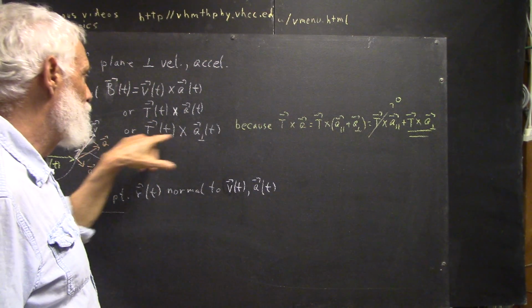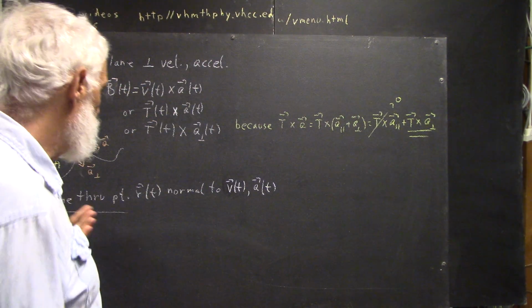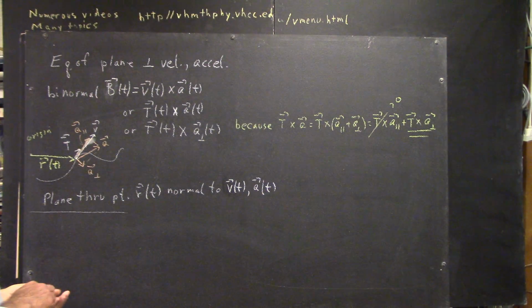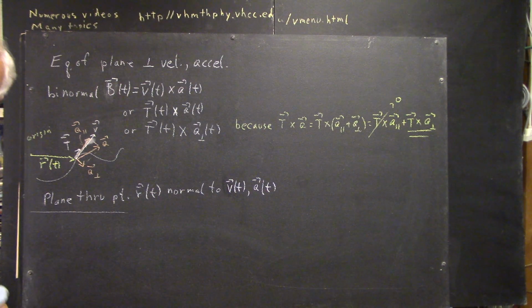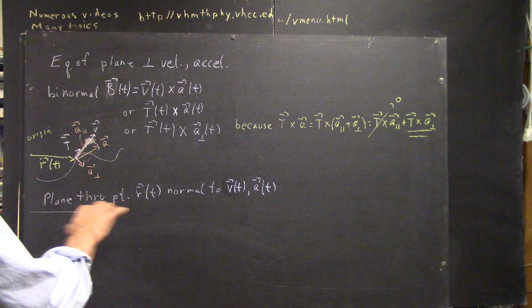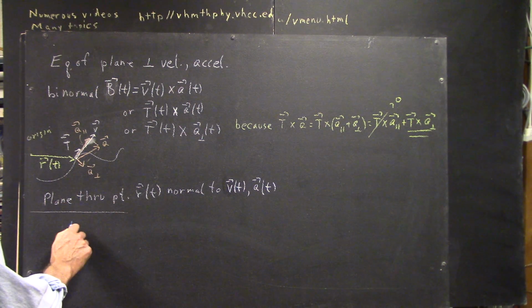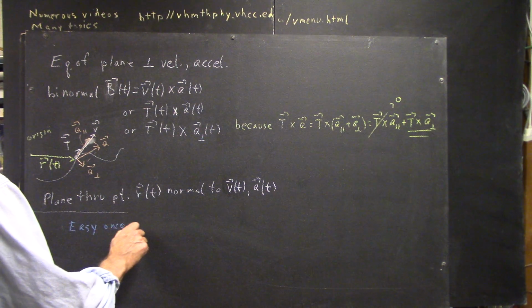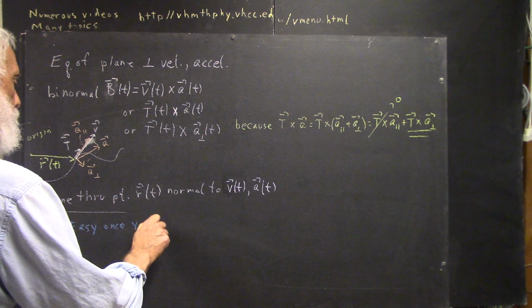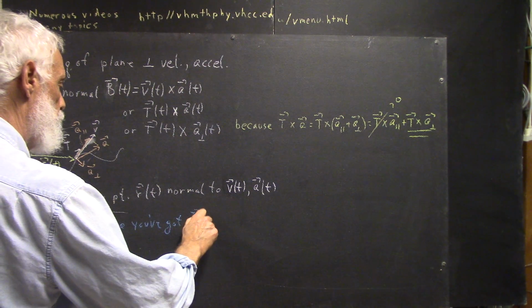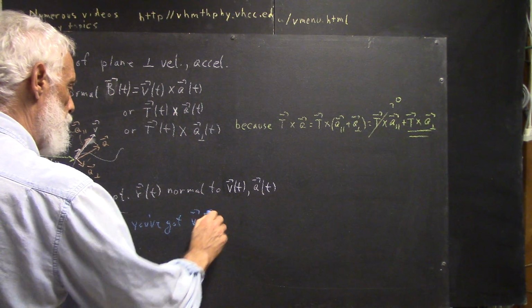So again, this is the justification for this. So we want the plane through r of t normal to these. And I'll simply comment that this is easy once you've got v and a.